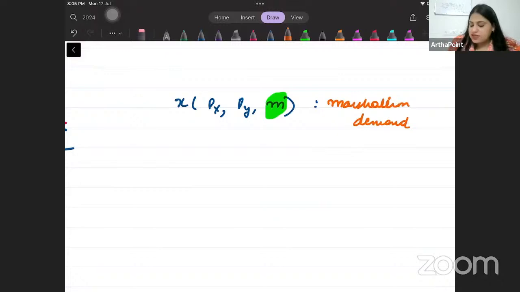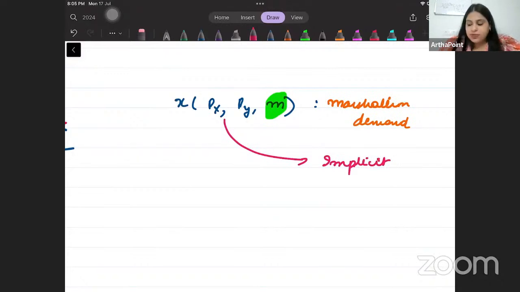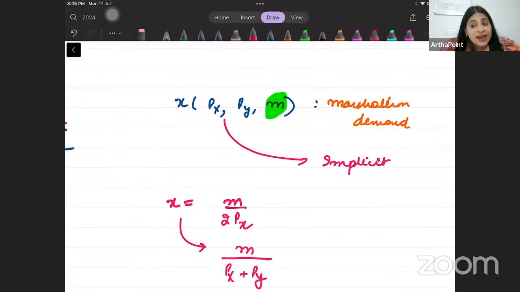But this is implicit. कुछ बताया नहीं ना exactly क्या functional form है. बस इतना बता दिया, it's a function of prices and income. But when I say x is equal to m by 2 px, या x is equal to m by px plus py, तो define किया ना form को, that income numerator में आ रही है, prices denominator में आ रहा है. But this is explicit form.